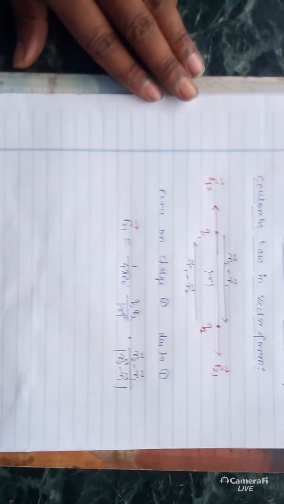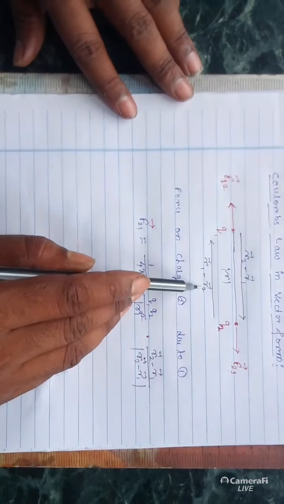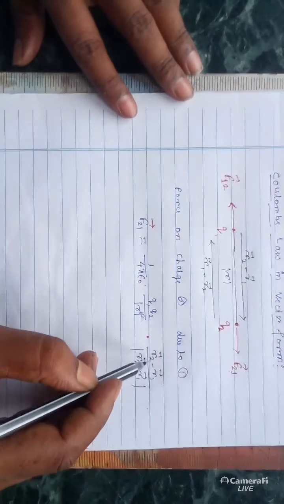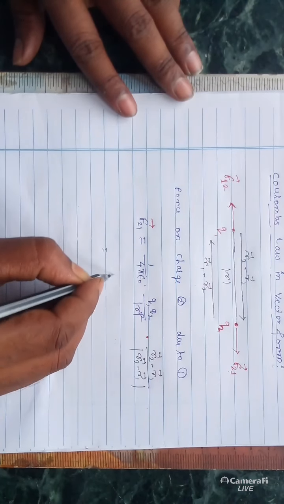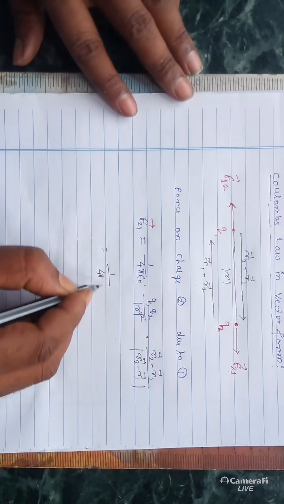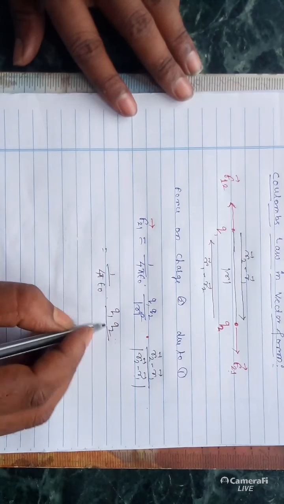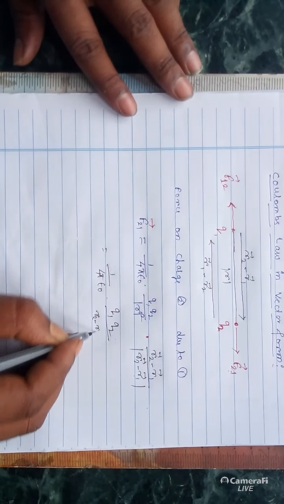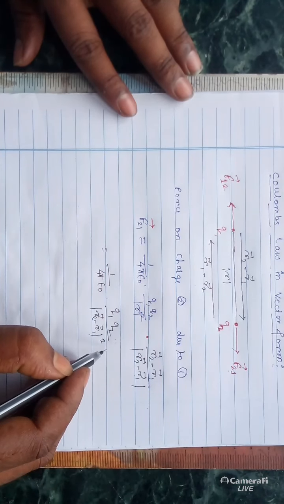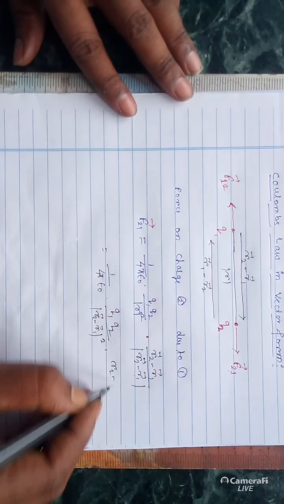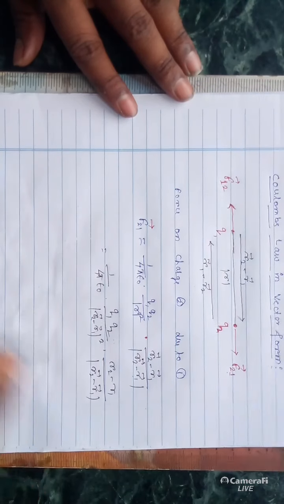Now you can simplify this. Notice the magnitude r square: you can take r1 minus r2 or r2 minus r1, no problem, but as the term here is r2 minus r1, we take r2 minus r1. It becomes 1 by 4 pi epsilon naught q1 q2 by |r2 minus r1| square, which is a scalar quantity, into the vector r2 minus r1 divided by |r2 minus r1|.